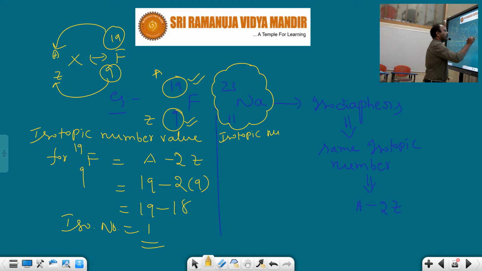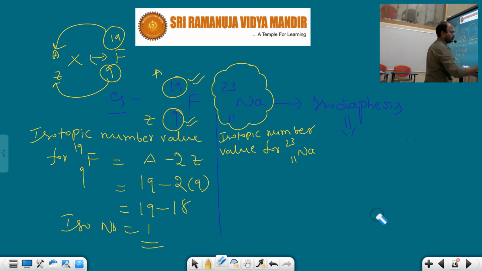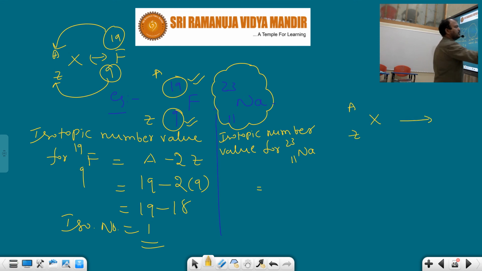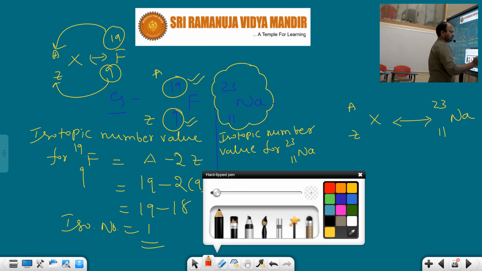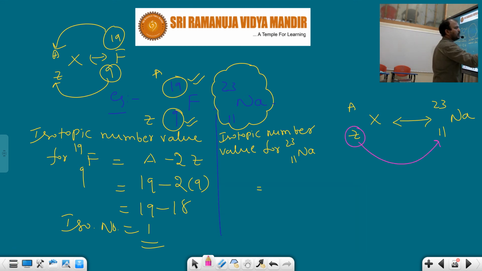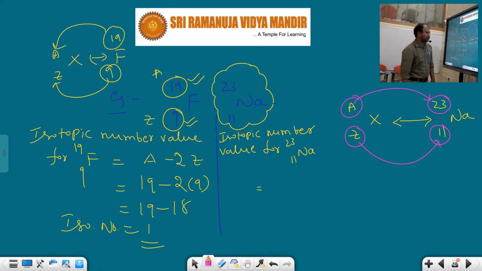Now take the isotopic number value for sodium 23, 11. According to XAZ form, atomic number is 11 and mass number is 23. The element is sodium.